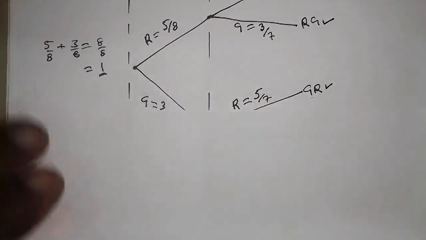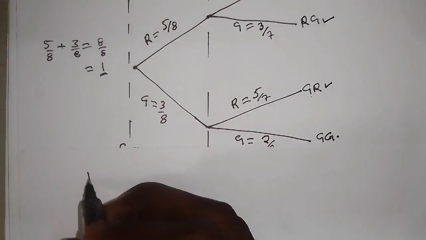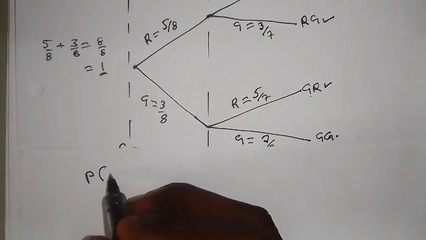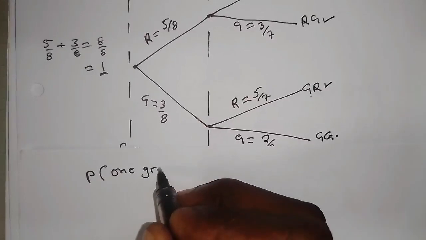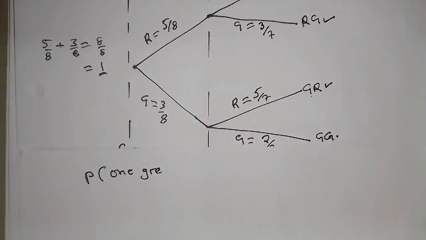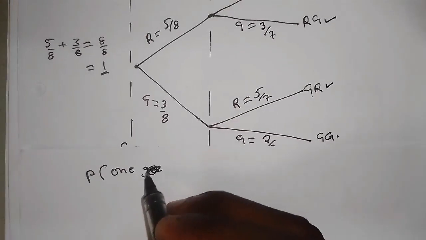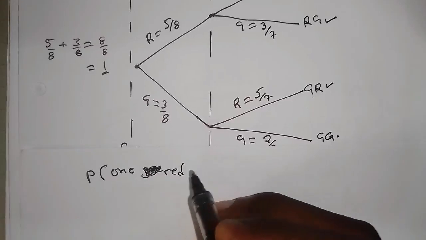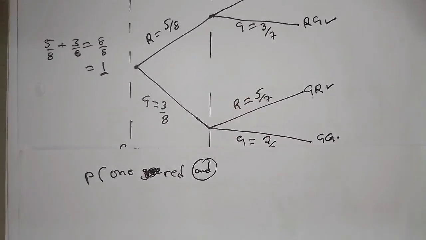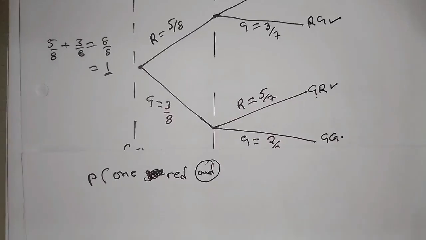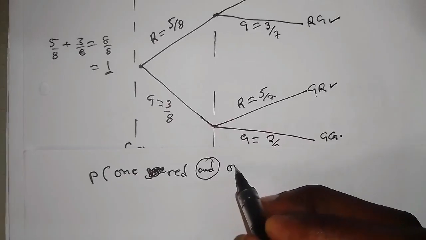So this one is going to say probability of 1 red and 1 green.